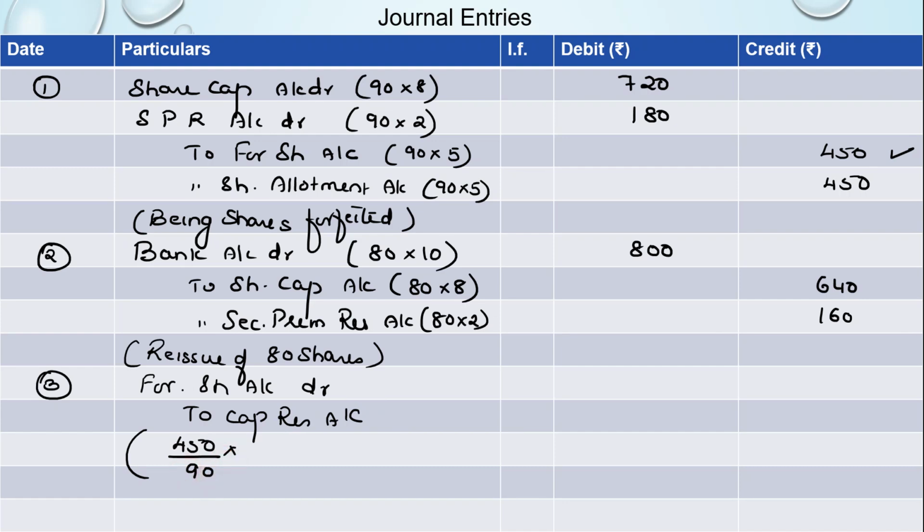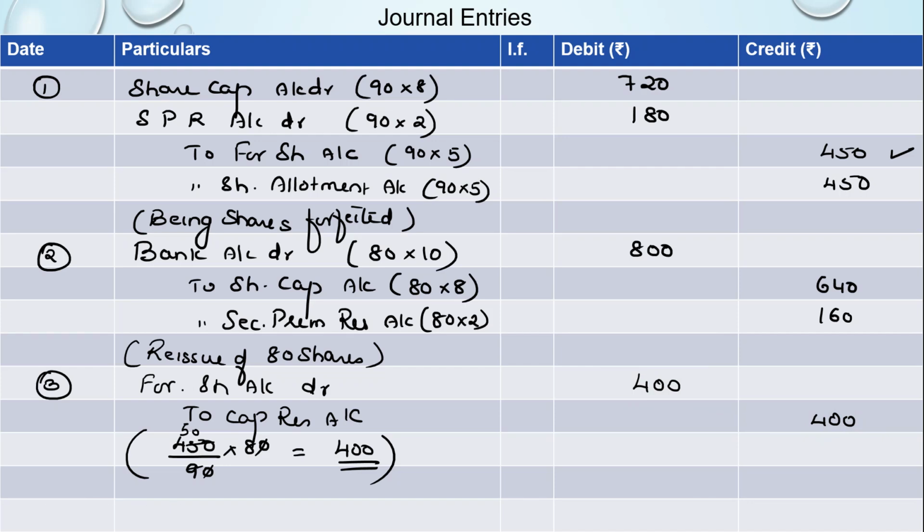How many shares reissued? 80. And there is no discount on reissue. This is a reissue at premium, so we stop here. We get the amount. It comes to 450 by 90 into 80, which is 400. So 400 is the amount which would be transferred to capital reserve. So this is how you pass the forfeiture entry.